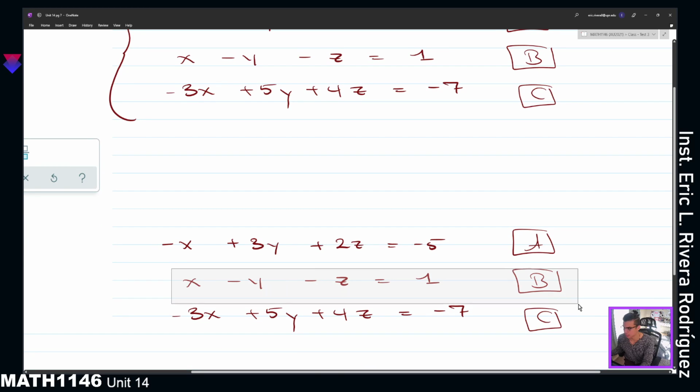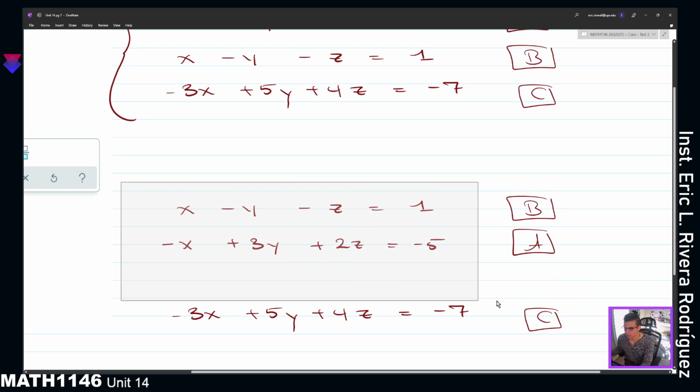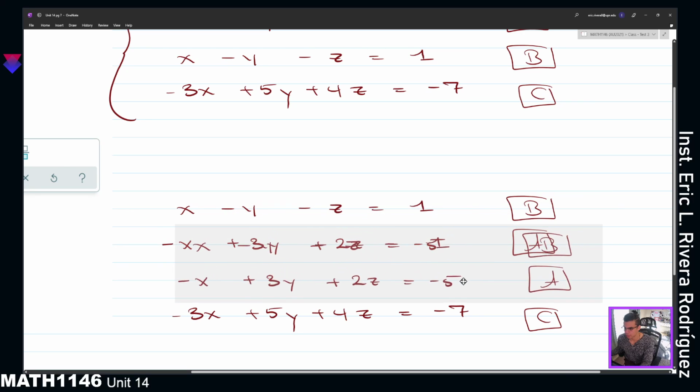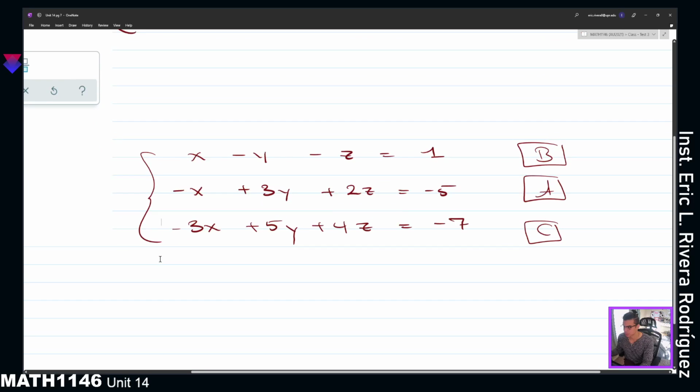The reason I'm doing this is because the coefficient of the x term of equation B is +1.